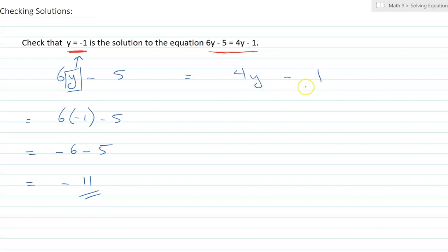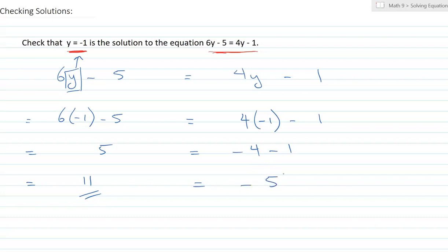Let's deal with the right hand side. So now we are here for 4y minus 1, so we're going to do the same thing again. So 4 times -1, I'm going to put in a bracket like that, -1. So 4 times -1 is -4 minus 1, and we'll get -5.